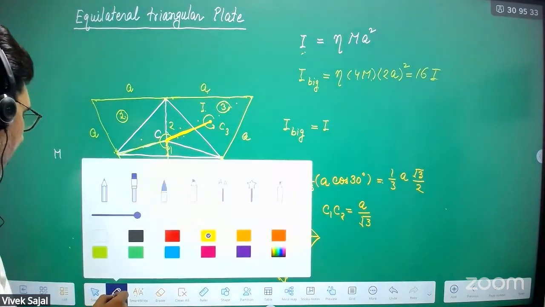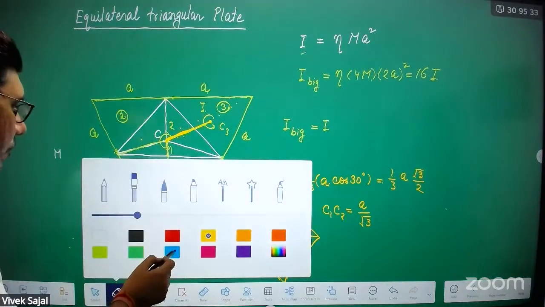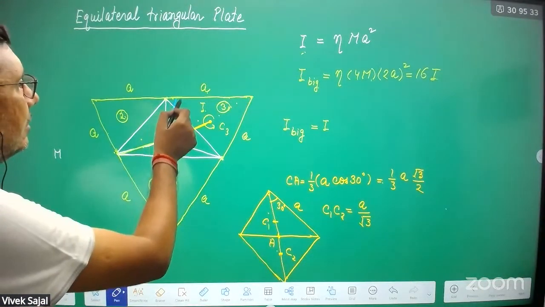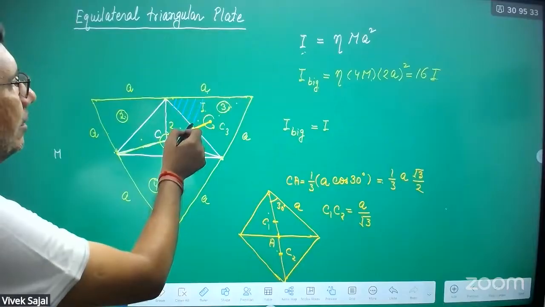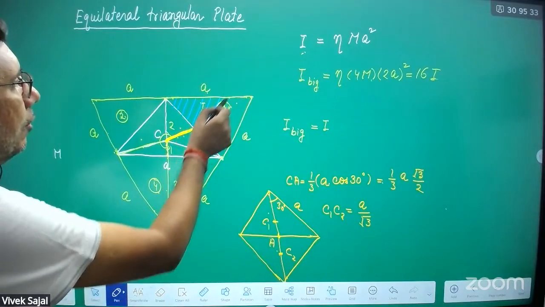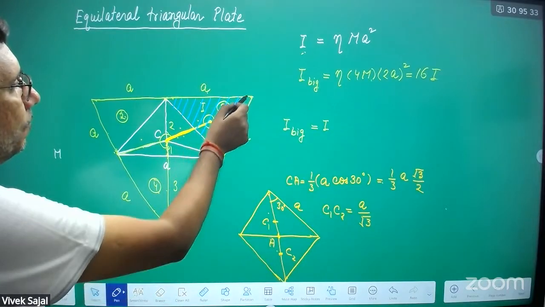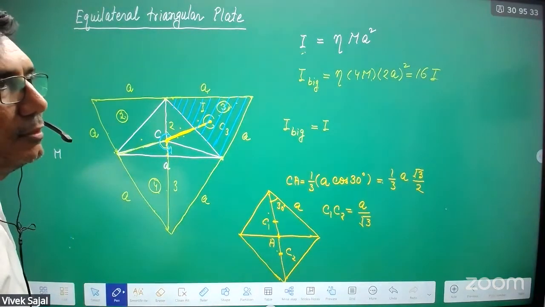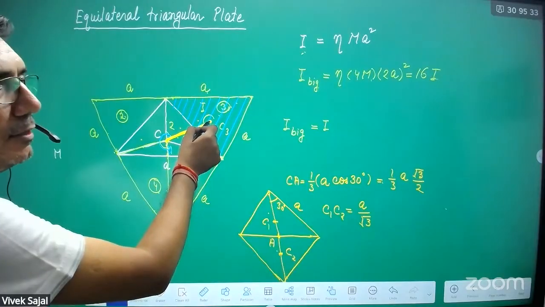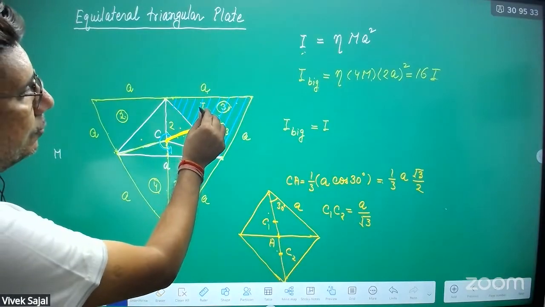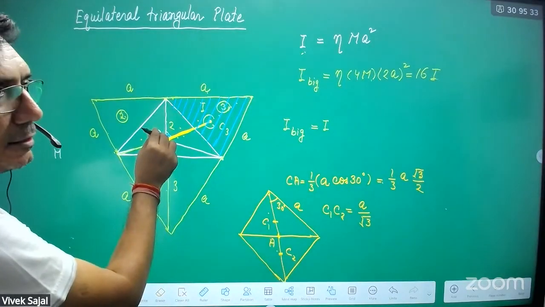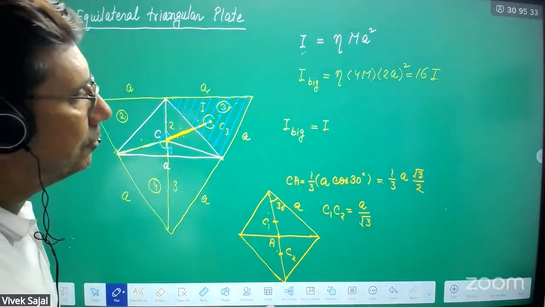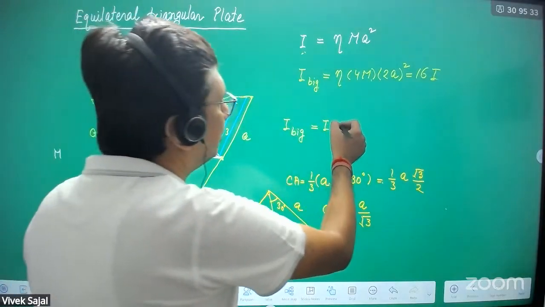So what will be the moment of inertia of this? I'm drawing here for you this triangle. I want to find out the moment of inertia of this triangle about this axis. I see you are aware, so apply the parallel axis theorem, between this axis and this axis. So how much will it be?